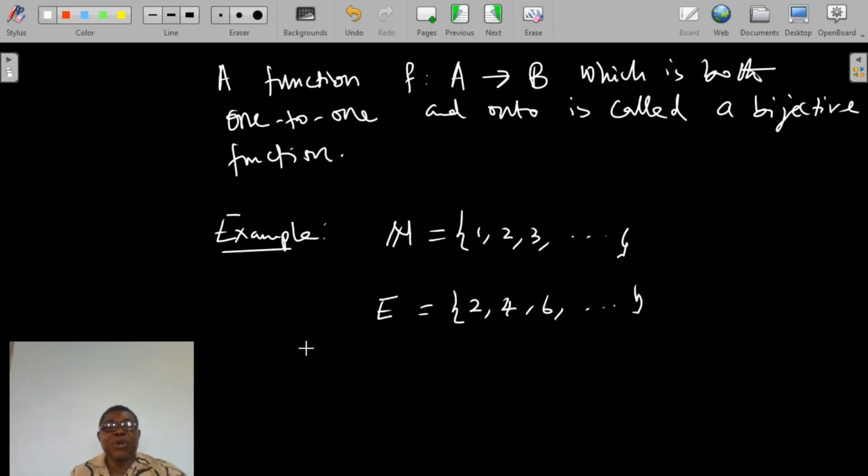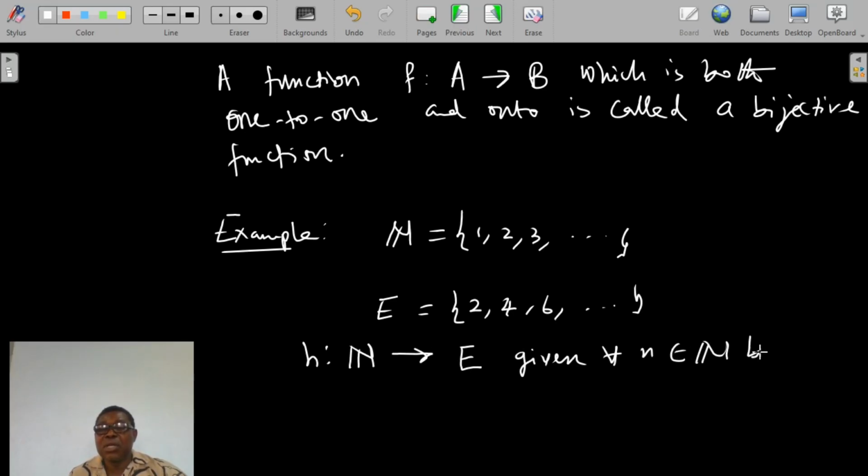Now consider the function h from the set of natural numbers to E, the set of even numbers, given for all n in the set of natural numbers by h of n equals 2n.